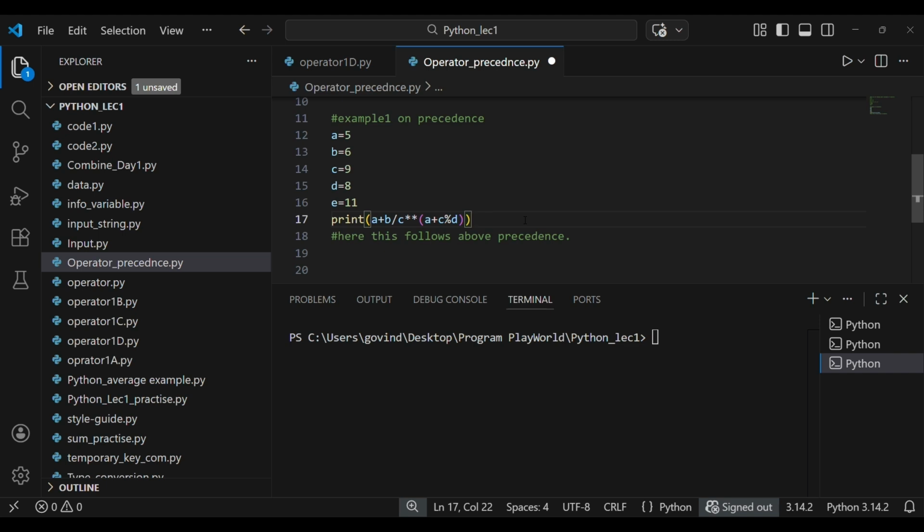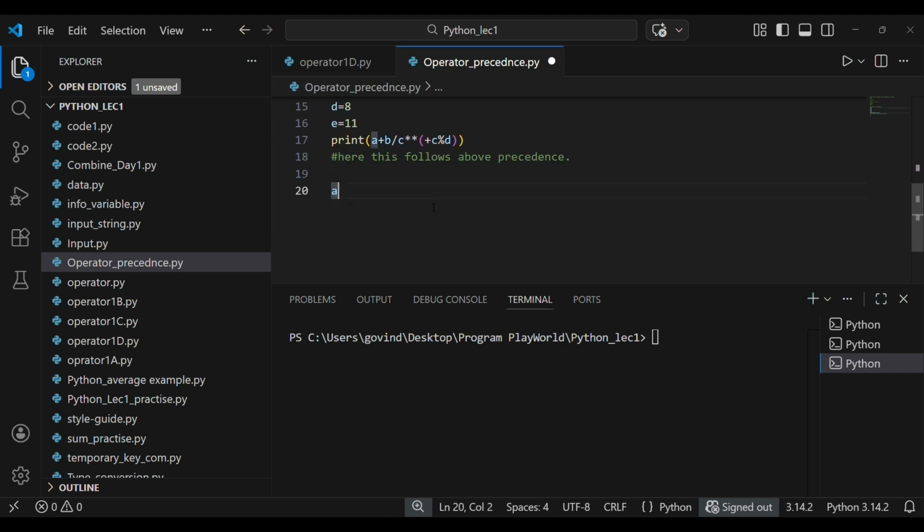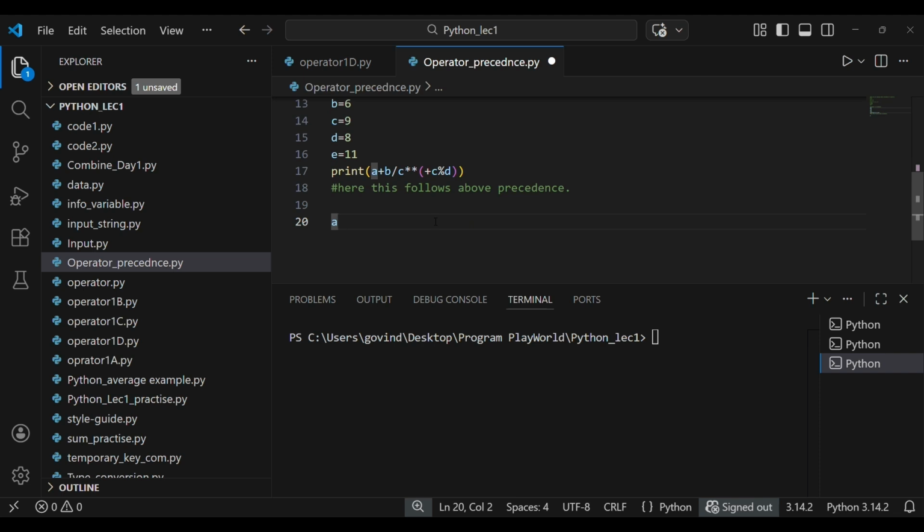First, the program is going to take these operators and follow this sequence. It follows the first bracket and performs what is inside it.